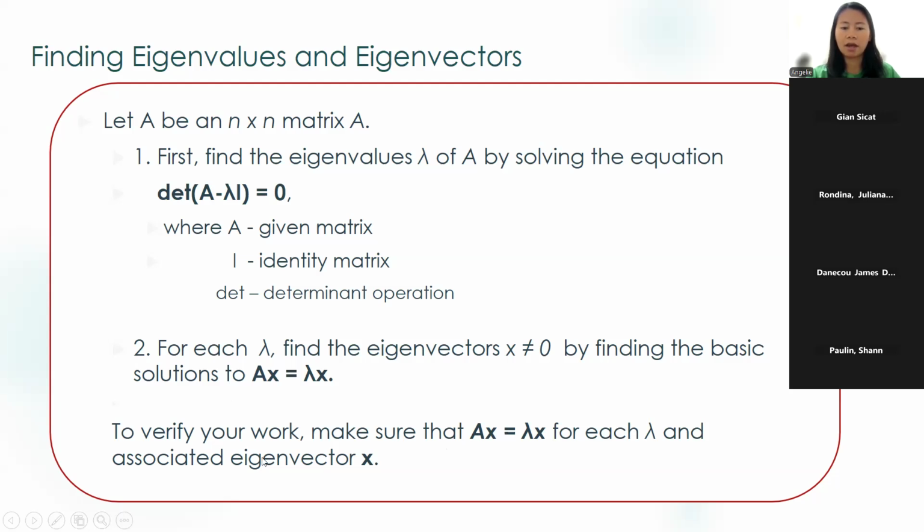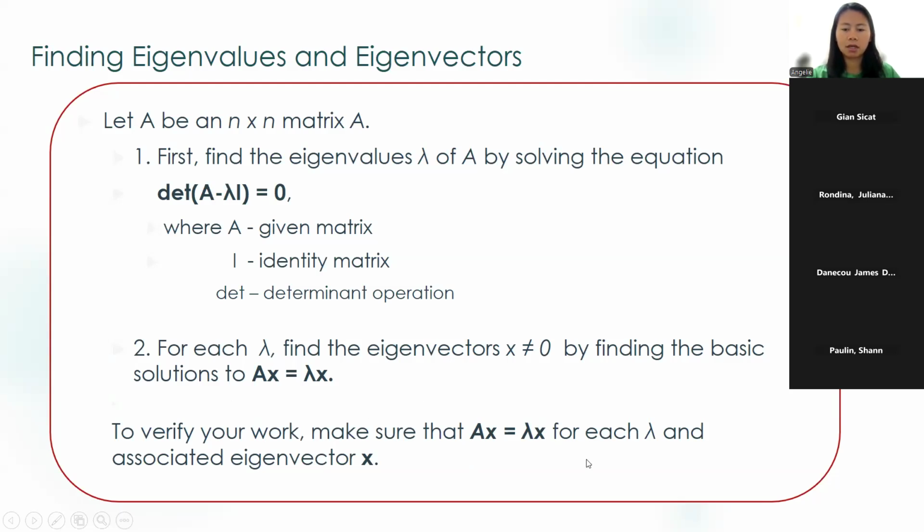and associated eigenvector x. So if you want to check if you got the correct eigenvalue and eigenvector, you may check it using this equation. If you found out that this is equal to this, then your eigenvalue and eigenvectors are correct.